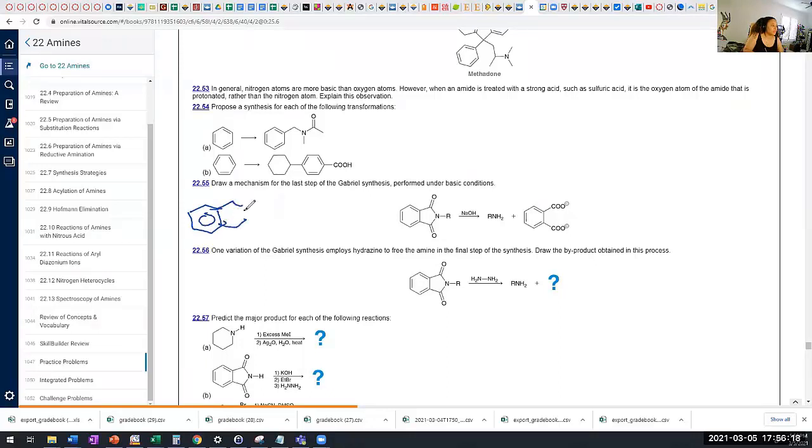If you were given this molecule under basic conditions, usually you use potassium hydroxide, you get the negative charge on the nitrogen. I'm just showing you how we ended up with this, even though that's not what the question was asking.